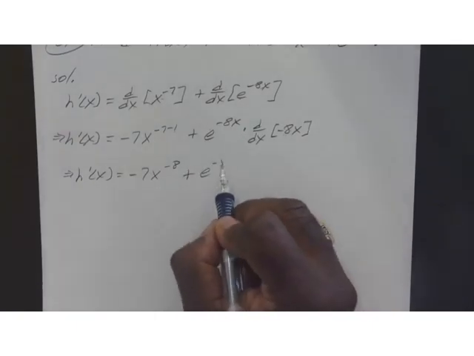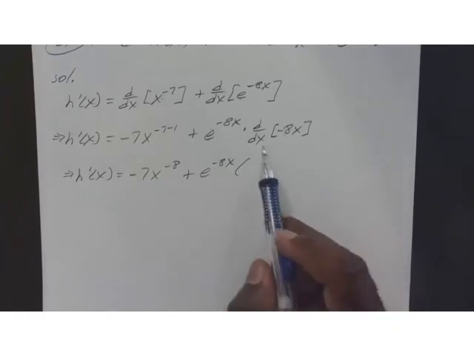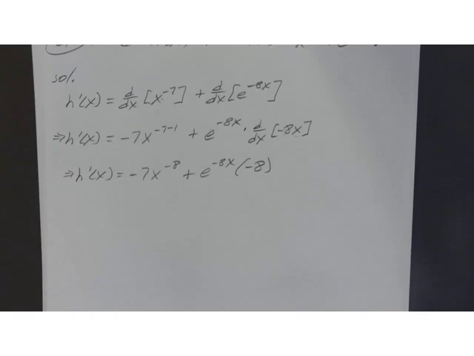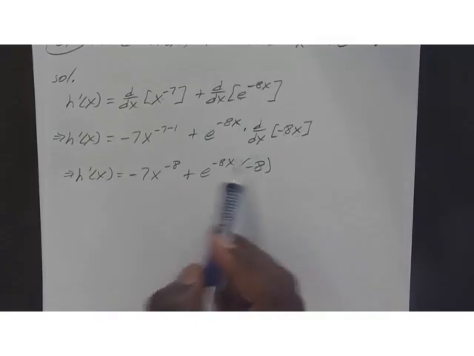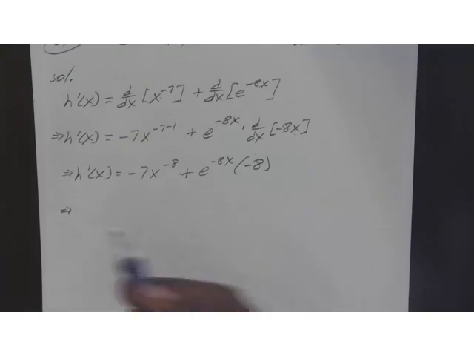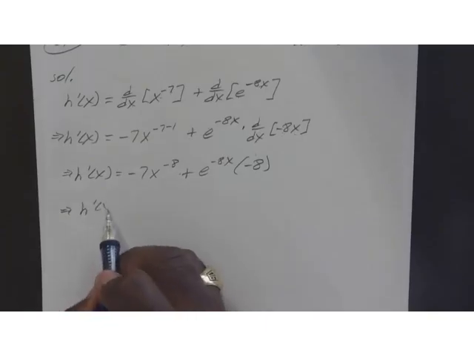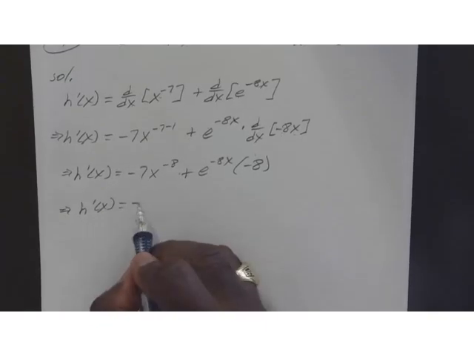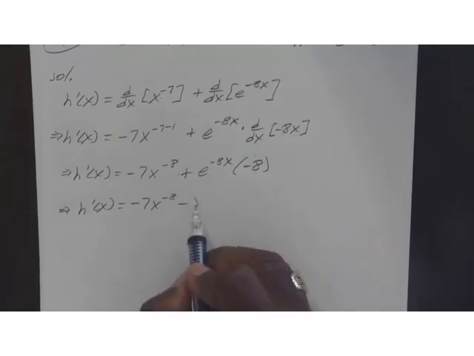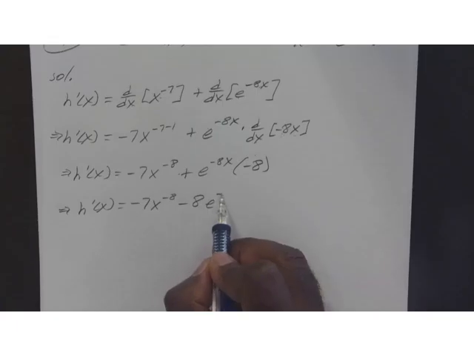So e to the power of negative 8x times the derivative of negative 8x, which is negative 8. So that negative 8, we can go ahead and move out to the front. So h prime of x is equal to negative 7x to the negative 8th power minus 8 times e to the power of negative 8x.